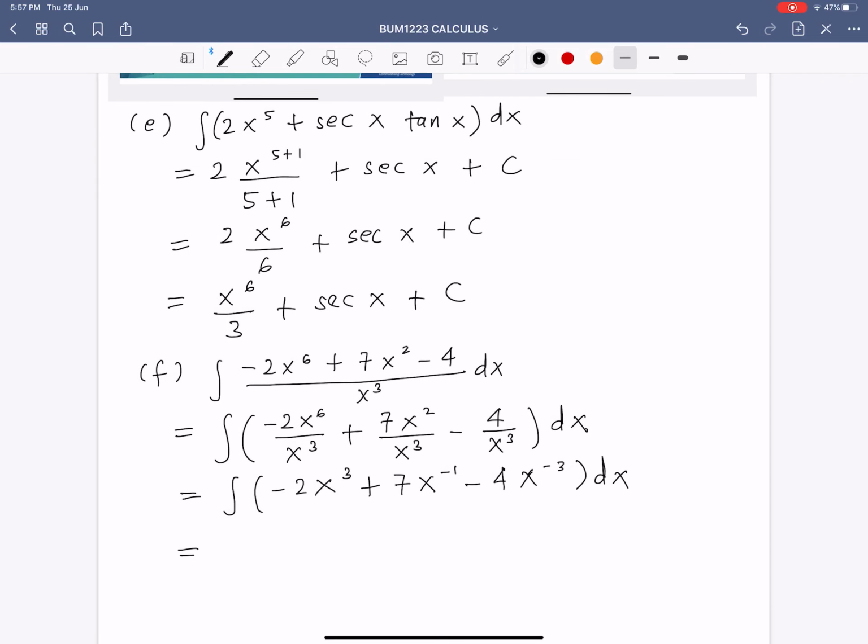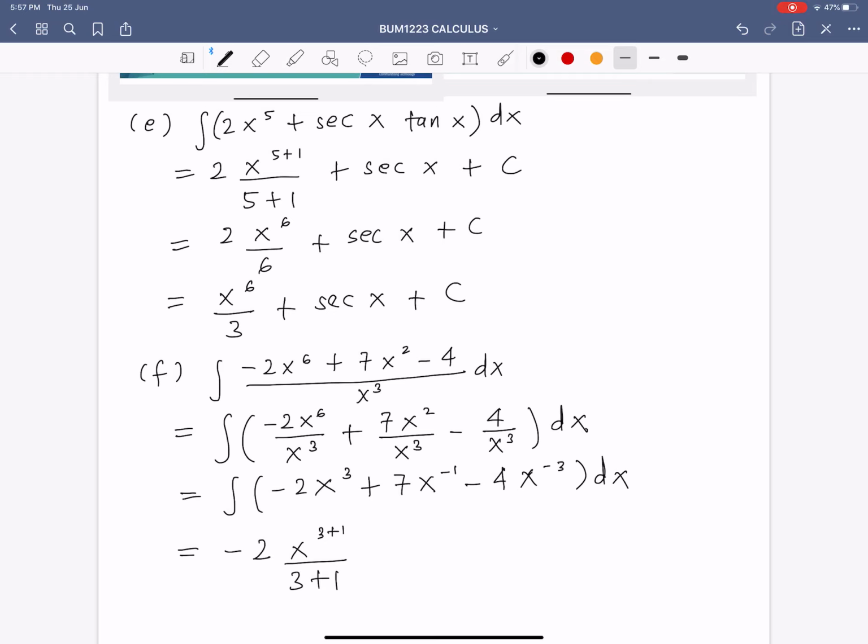Okay, for the x cubed, we have x power of n. So the integration of negative 2x cubed will be negative 2 x power of 3 plus 1 over 3 plus 1.